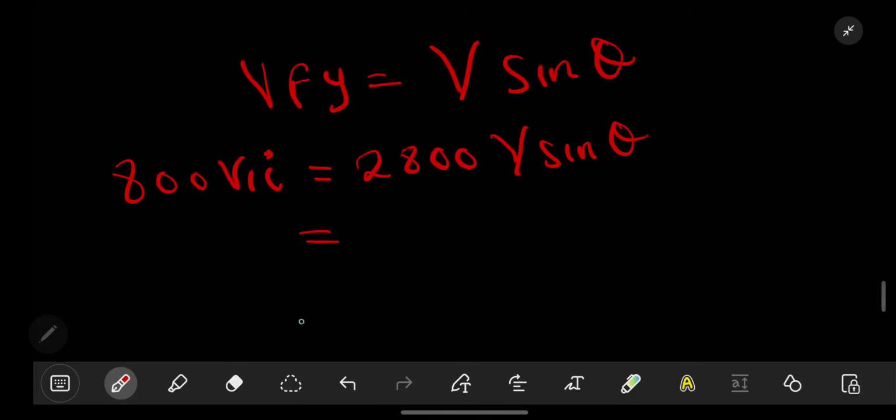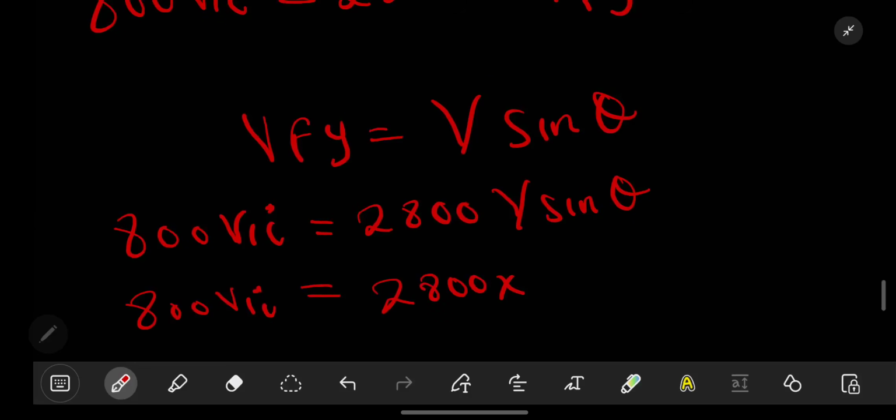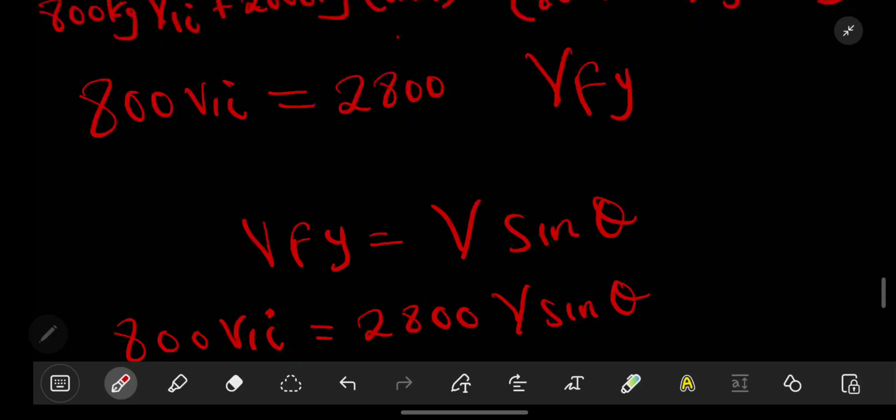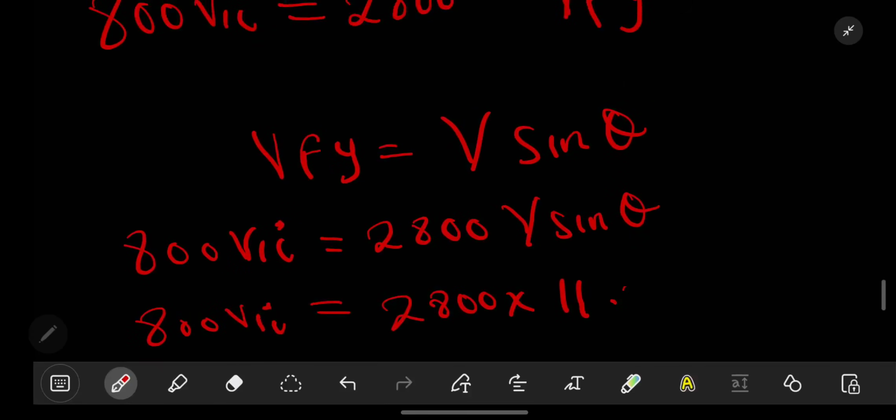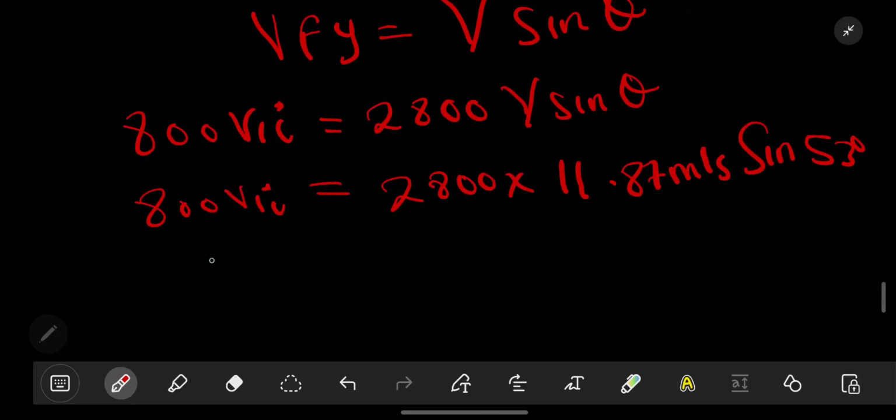So 800 v1 initial should be equal to 2800 times our velocity, which we found to be 11.87 meters per second, times the sine of the angle, 53 degrees.